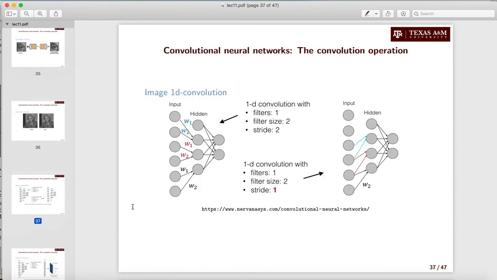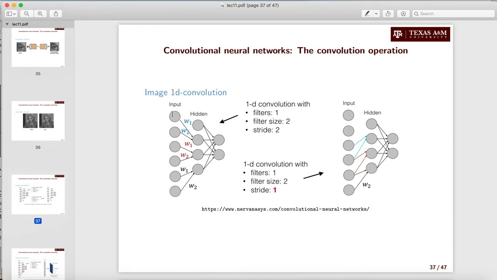So let's start to see this idea. For example, this could be an input of a convolutional neural network. This is nothing but the inputs of one image that are flattened in the 1D space.